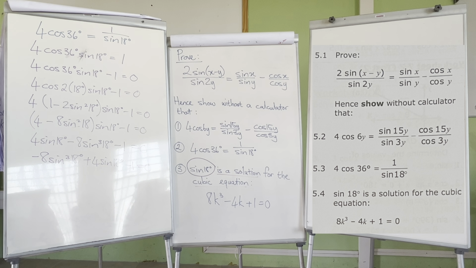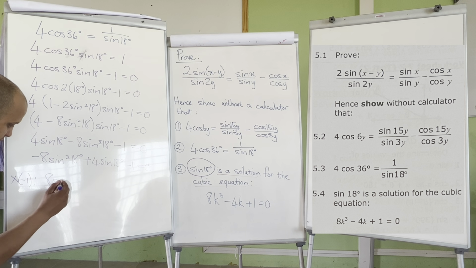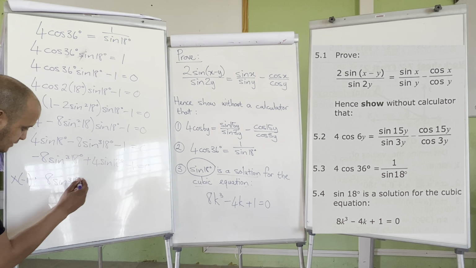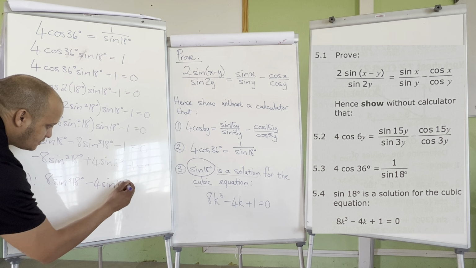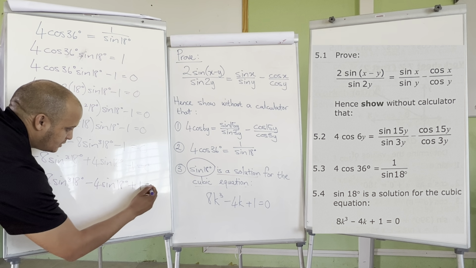That's not the form yet because my signs are a bit messed up. So if I multiply through by minus 1, I've got 8 sine cubed 18 degrees minus 4 sine of 18 plus 1 equals 0.